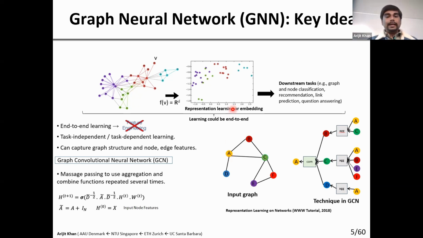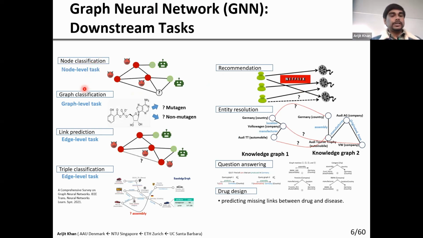Once the embedding is generated, we apply different kinds of machine learning techniques to perform downstream tasks, such as node classification, graph classification, link prediction, etc. So what are these tasks in real context? Well, if you think of node classification, let's assume a financial transaction network such as blockchain, right? In the blockchain setting, we can ask whether an account is malicious or not.